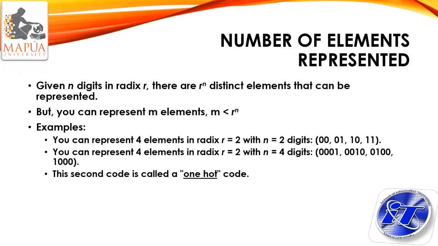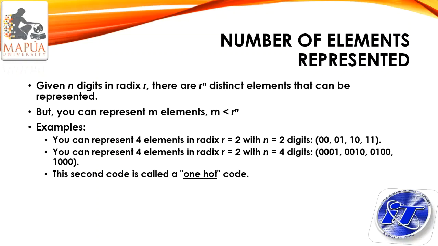But when we create our own pattern, to optimize and to have lesser loss, to have a lesser number of patterns that are not used, it's better to use the minimum value of n to represent our elements.